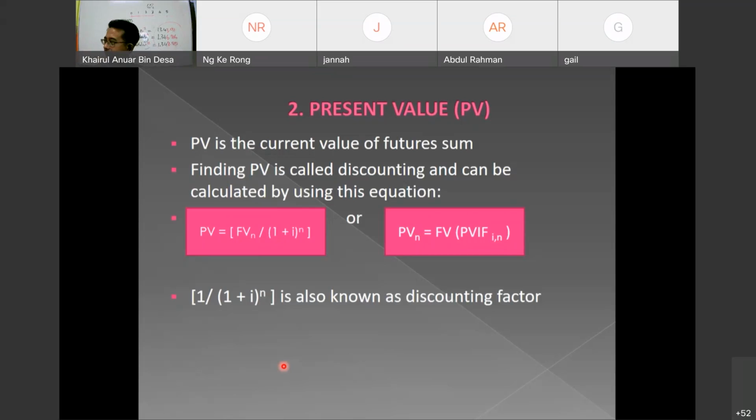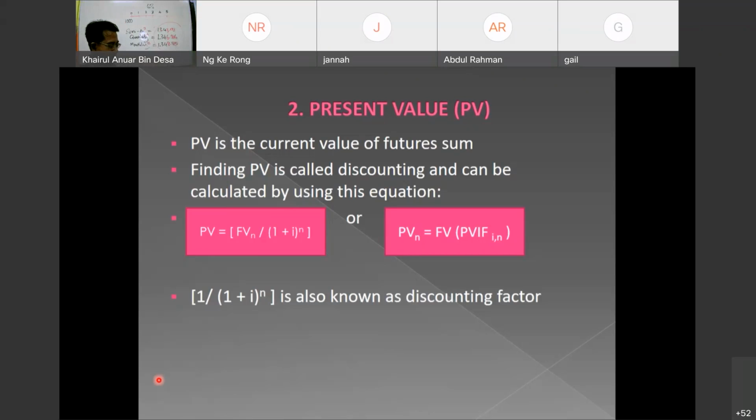Alright, now is the present value. My first question is, what is the keyword to show the present value?